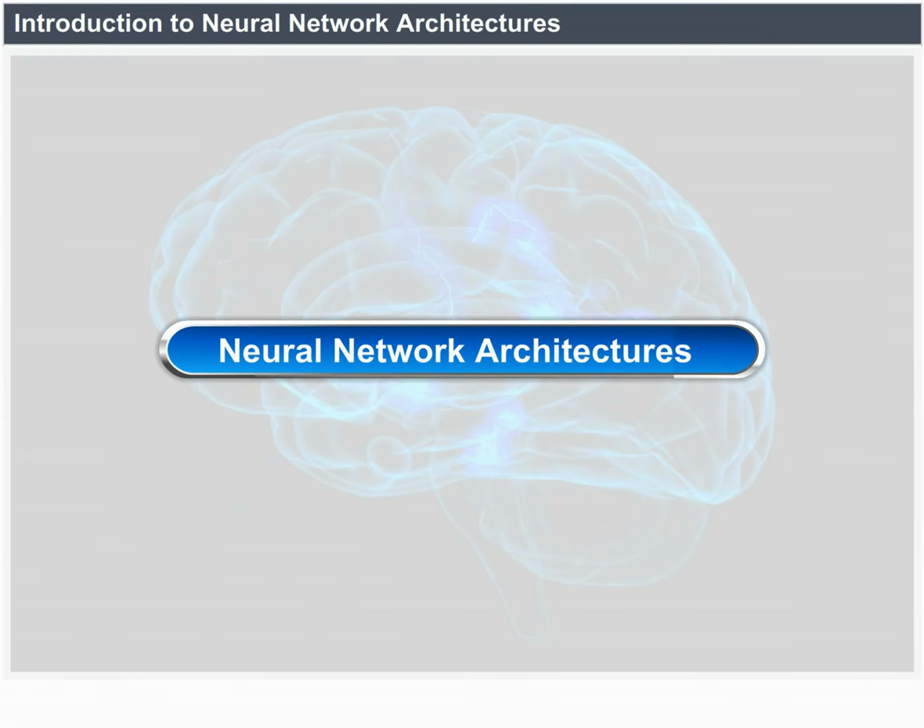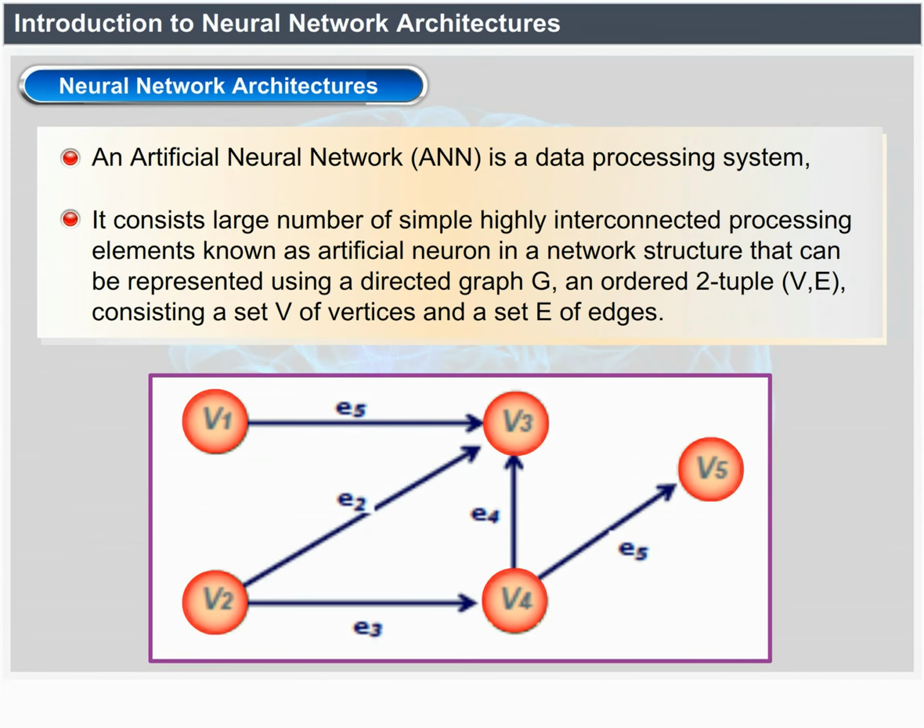Neural network architectures. An artificial neural network is a data processing system consisting of a large number of simple, highly interconnected processing elements as artificial neurons in a network structure that can be represented using a directed graph G, an ordered 2-tuple (V, E) consisting of a set V of vertices and a set E of edges.